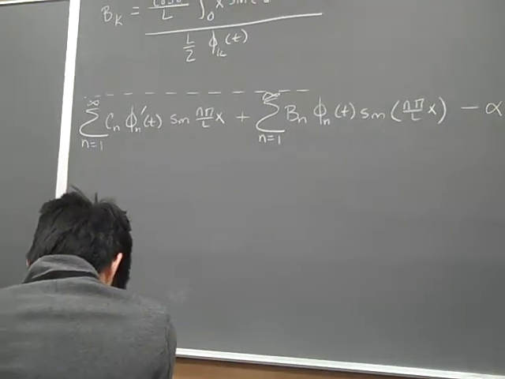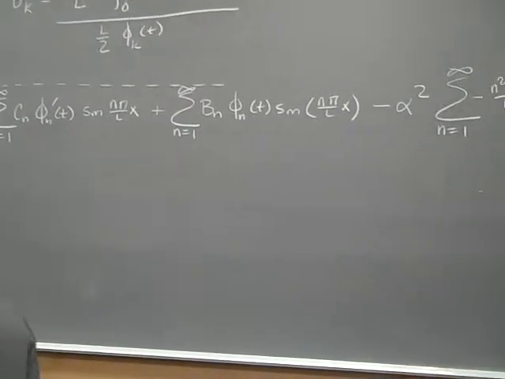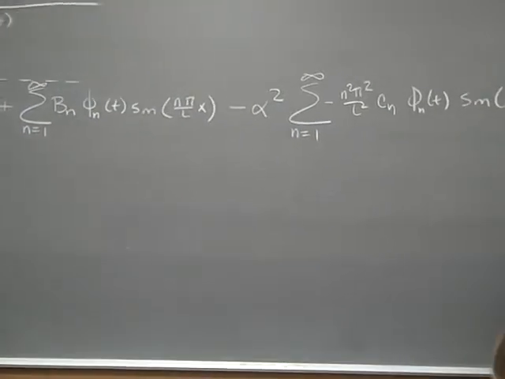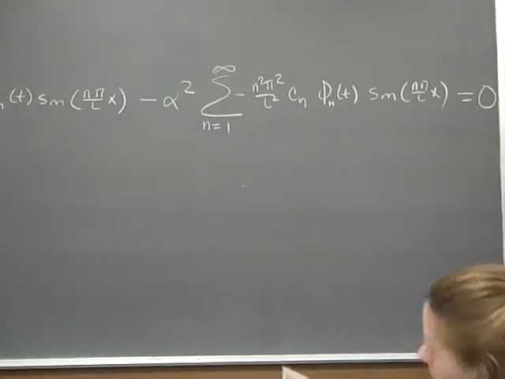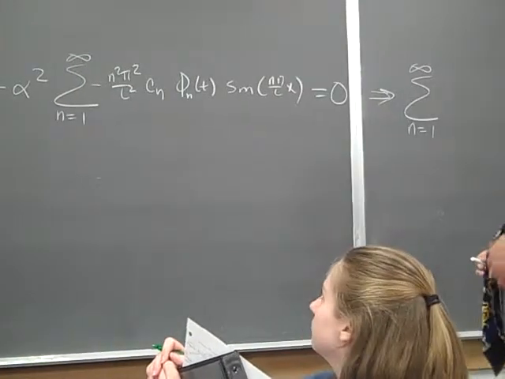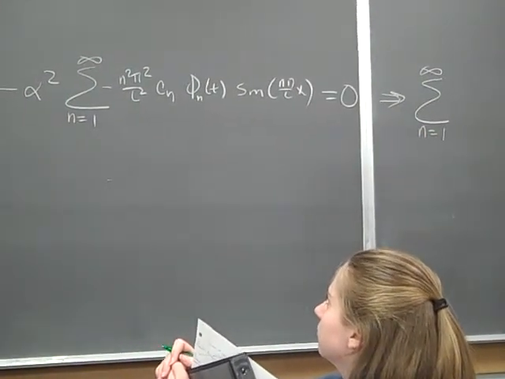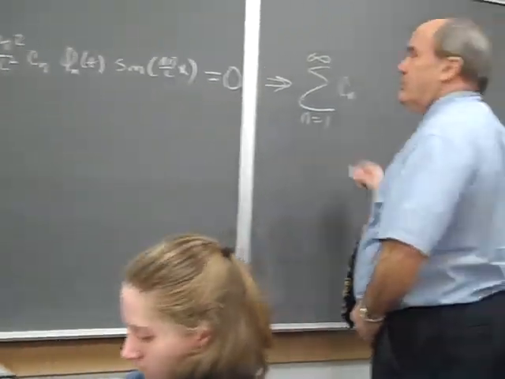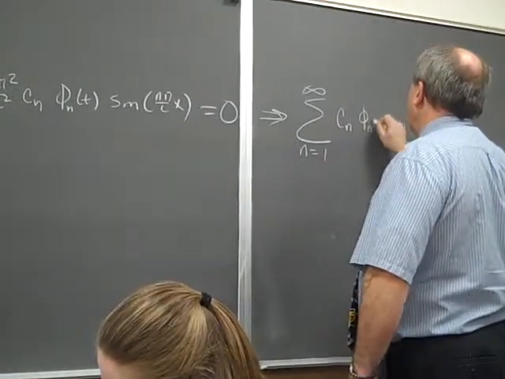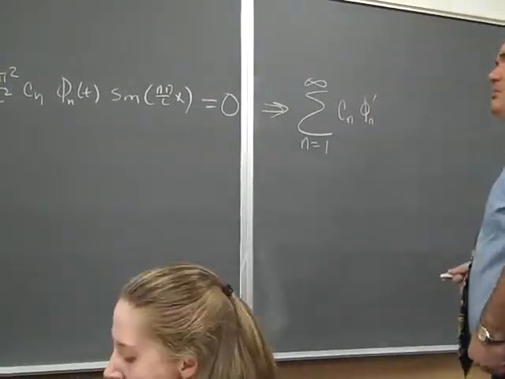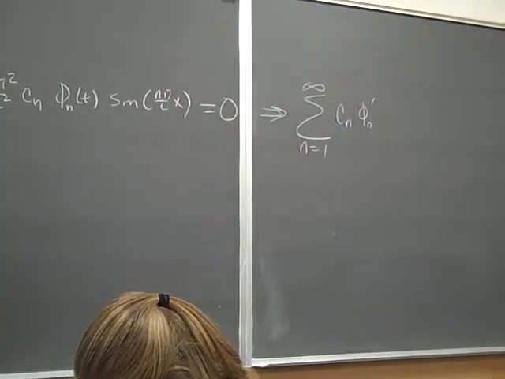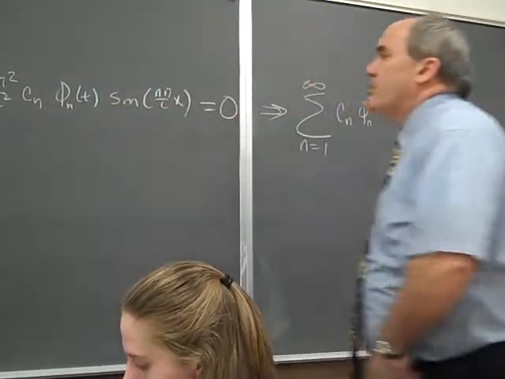Now, every one of these sums goes from n equals 1 to infinity, and so I can do what? Combine them. So I can combine this into one big sum, 1 to infinity. And then if I look at how things play out here, everybody has a sine of n pi over L x, so I'm just going to factor that all the way out.